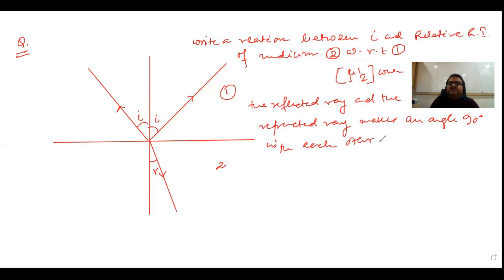That means in the question, it is given this angle is 90. Clear? So you have to establish a relation.